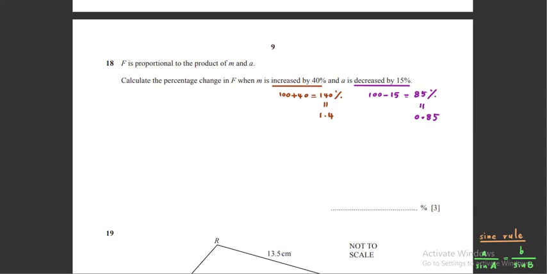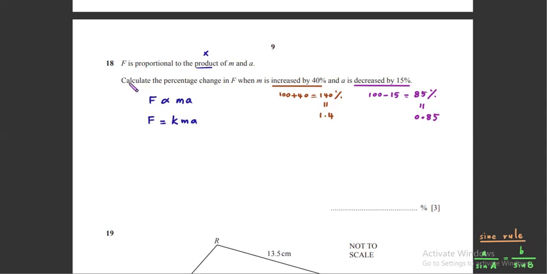Now, in the question, it states that F is proportional to the product of m and a. Product means multiplication. So I'm going to replace this proportionality sign with a constant. So I can write it as F is equal to k times m a.